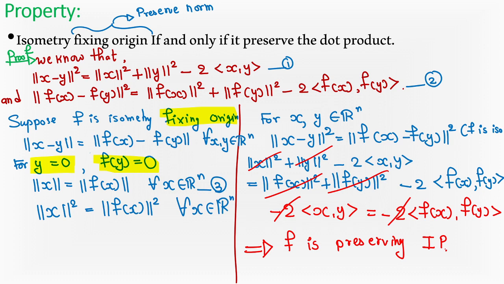My inner product of xy is the same as the inner product of f of x, f of y. So what does it mean? This means that it is preserving the inner product. Okay, so in this slide we have proved that if it is an isometry fixing origin, it will preserve the inner product.